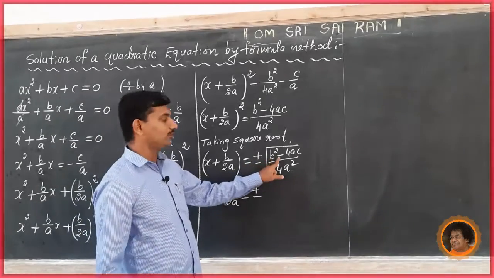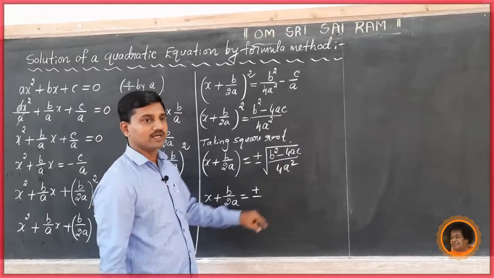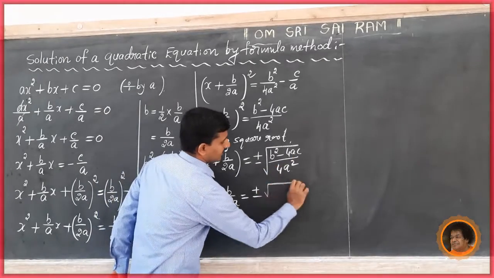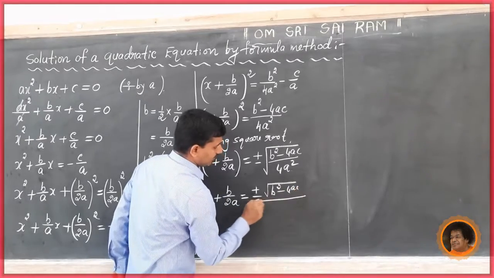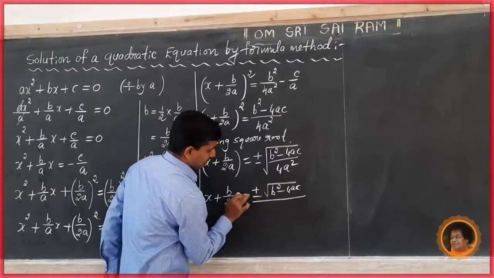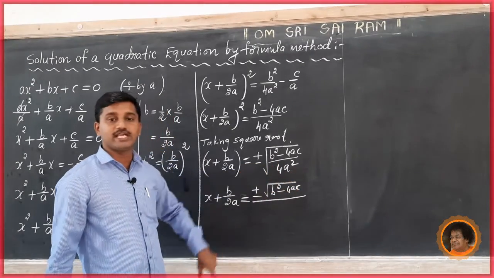Just look at the numerator: b² − 4ac is not a perfect square, so it stays as the square root of b² − 4ac, divided by the square root of 4a².